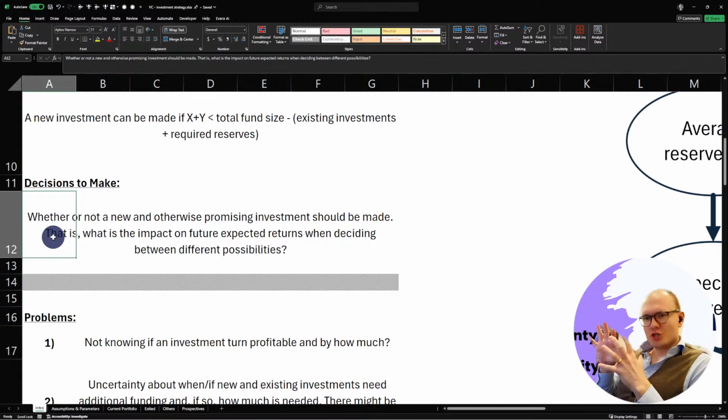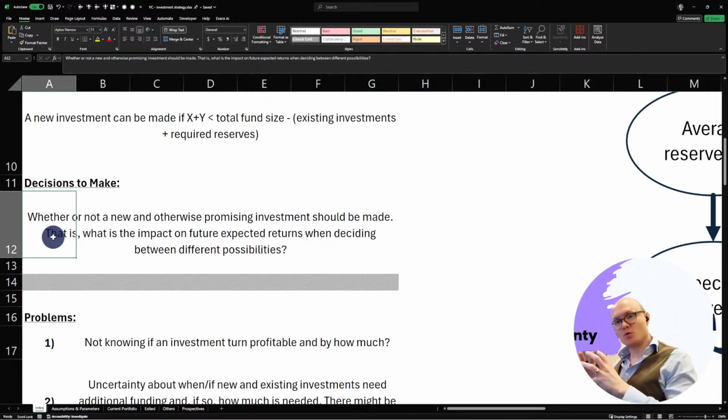And the sheet that I'm making, since I'm not in VC myself, I'm not an investor, in fact I run a startup, will probably look somewhat different. But the point here is that it doesn't matter how the model itself is built up. The fundamental problems that we would have to consider and solve are agnostic to the particularities of how different uncertainties are defined and how they all connect together.